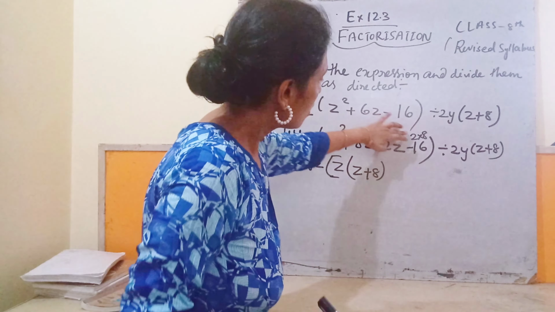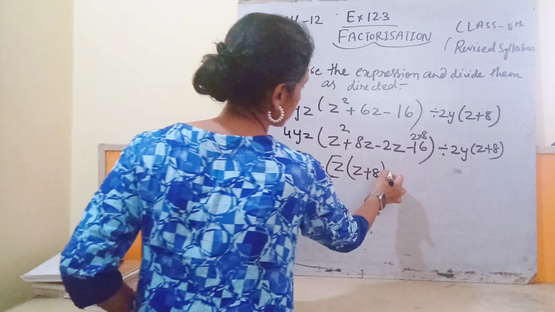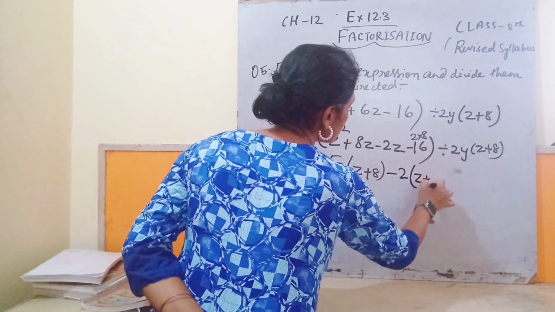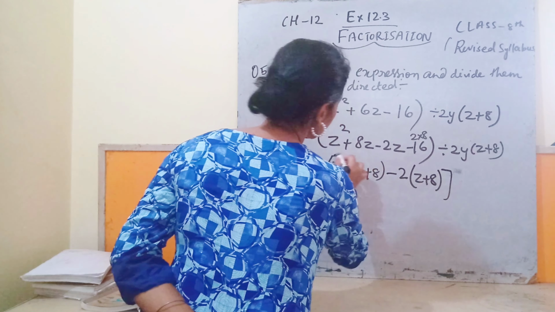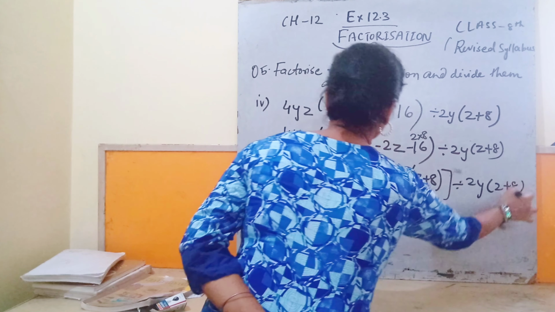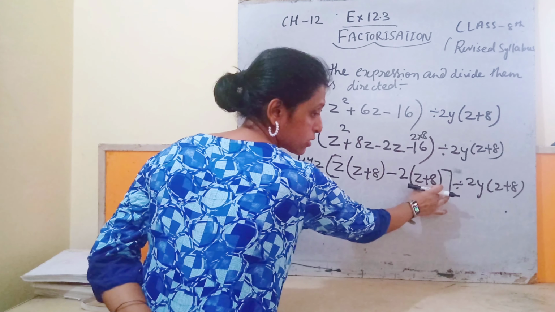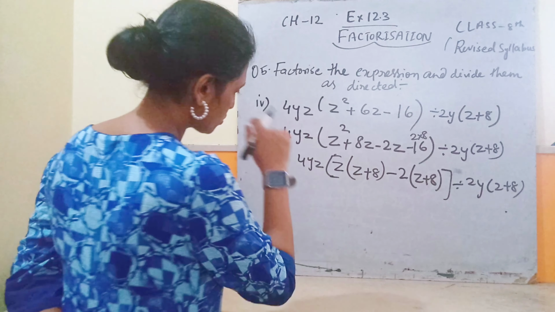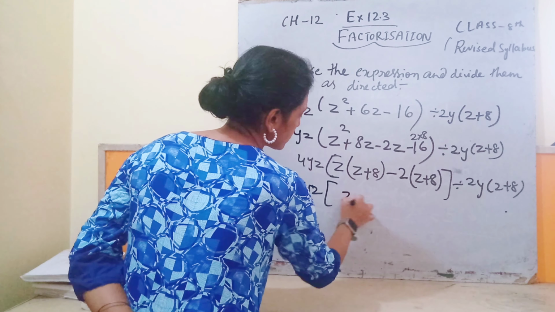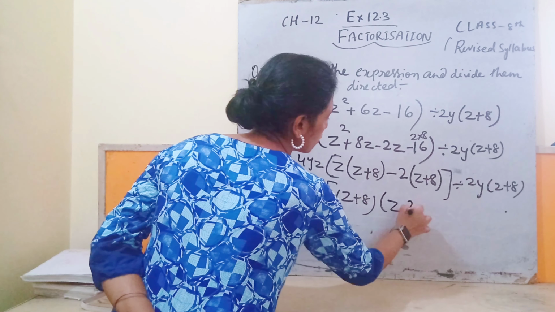So we can take minus 2 as common, because minus sign is there, and then we are left with z plus 8, divided by 2yz plus 8. Now you can see that z plus 8 is common in the second pair also. So we can take this z plus 8 as common and we are left with z minus 2.